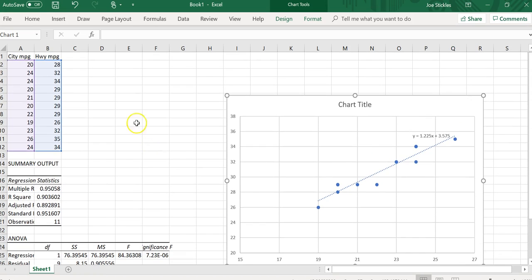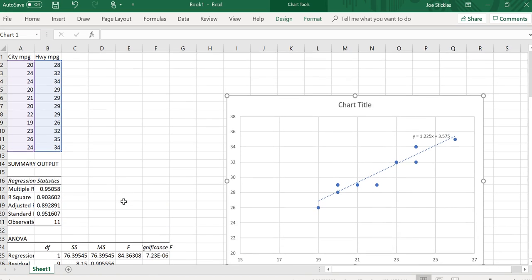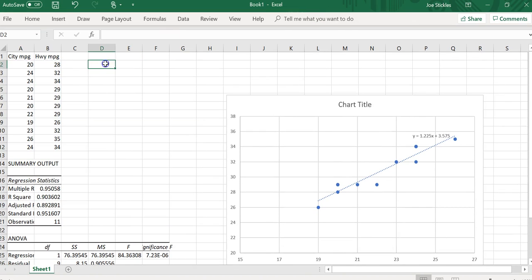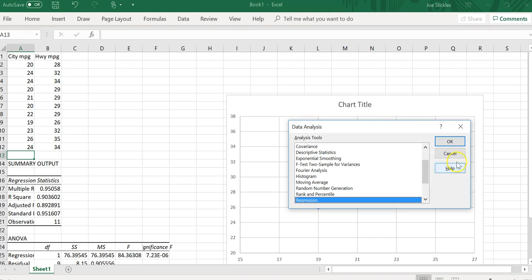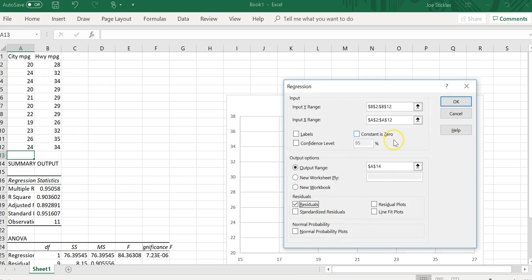So, let's say we did, just for argument's sake, let me redo the regression real quick. Let's add in the residuals.